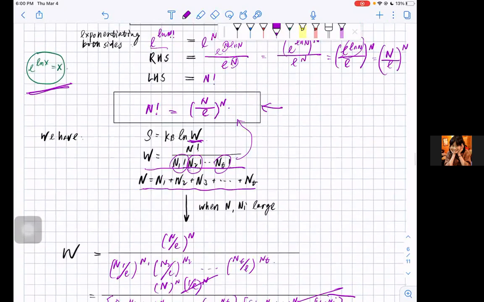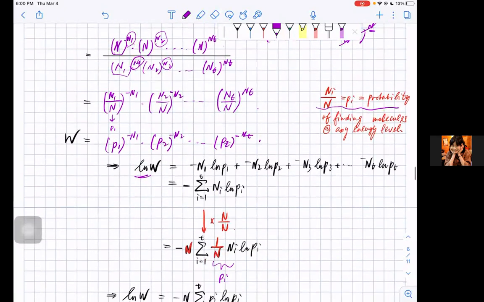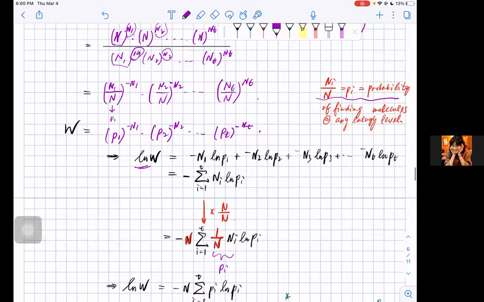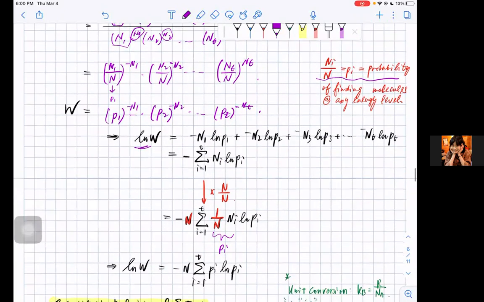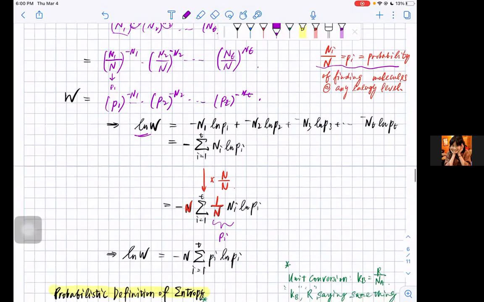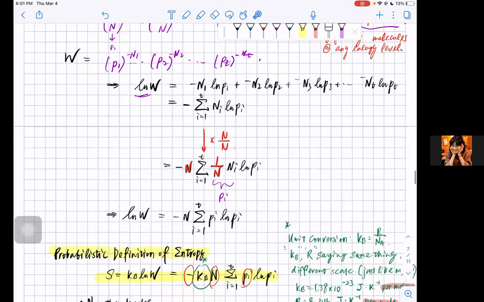All right, so go back to the statistical definition. There's a log or ln. So we do ln of multiplicity, and we can move the exponential in front of the ln. And by summing them up, we have this. And now we use a little trick here. We multiply by n over n. N is the number of total molecules.